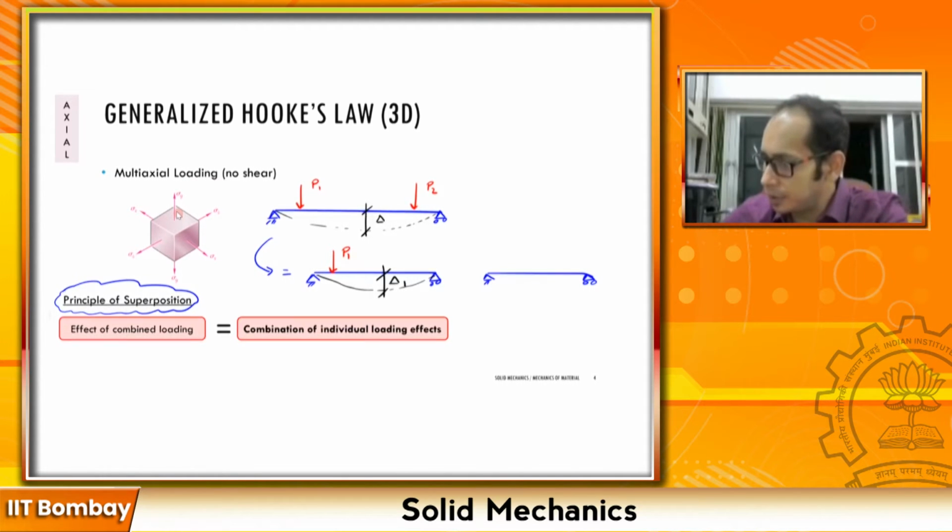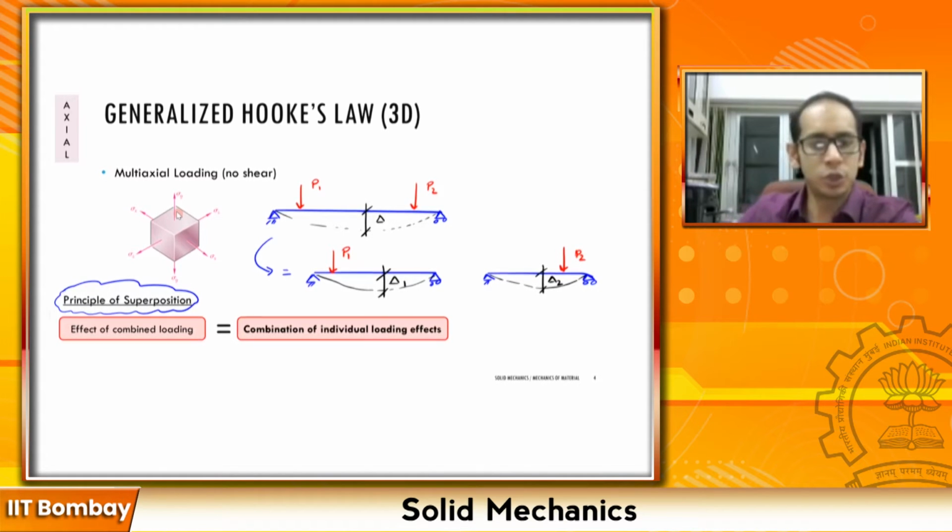And for the same beam, if I apply the load P2 over here, and say this is my deflected shape, and at the center again I measure my delta 2, the principle of superposition states that your overall delta, this delta which was over here, must be equal to the summation of delta 1 plus delta 2.